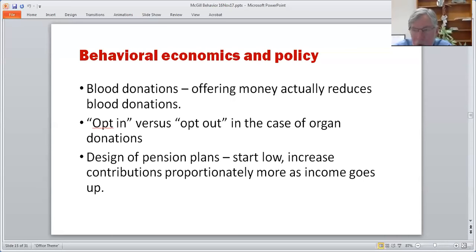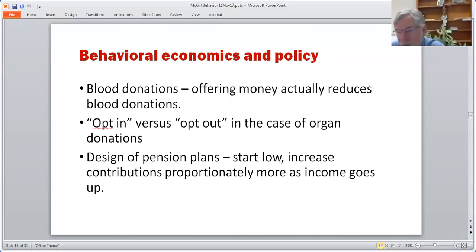Another well-known case is opt-in versus opt-out in the case of organ donations. There's a checkbox on your driver license, I think. If you have to check a box saying you want to donate your organs, otherwise you don't, then the participation rate is pretty low. If the default is to donate your organs and you have to check a box saying you don't want to, then the percentage who donate is really high.